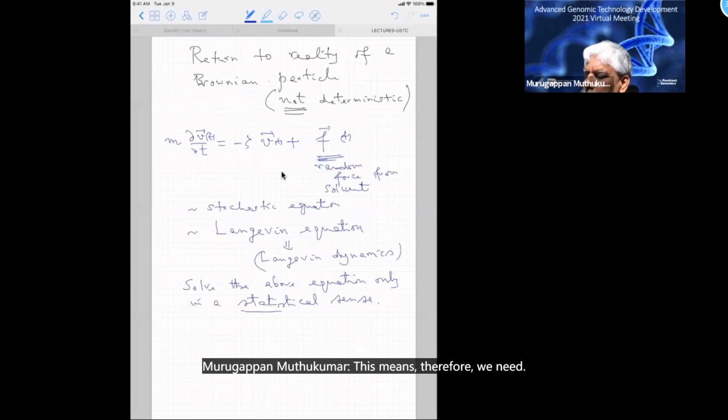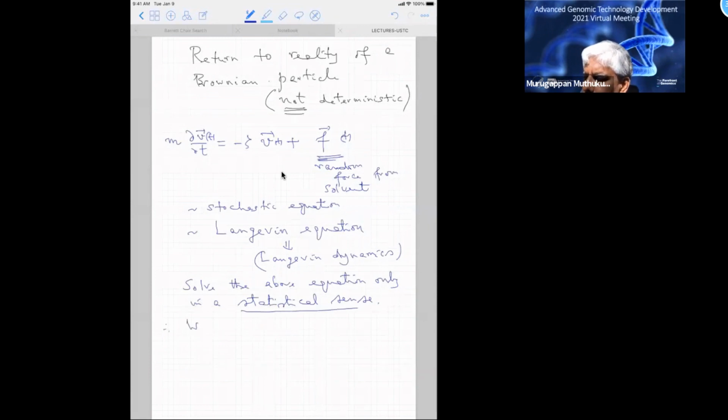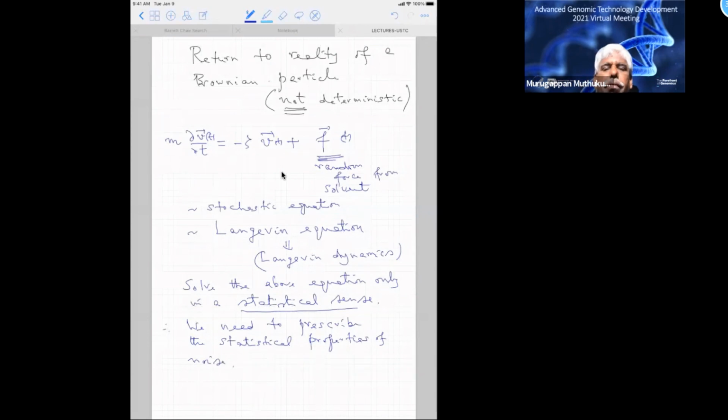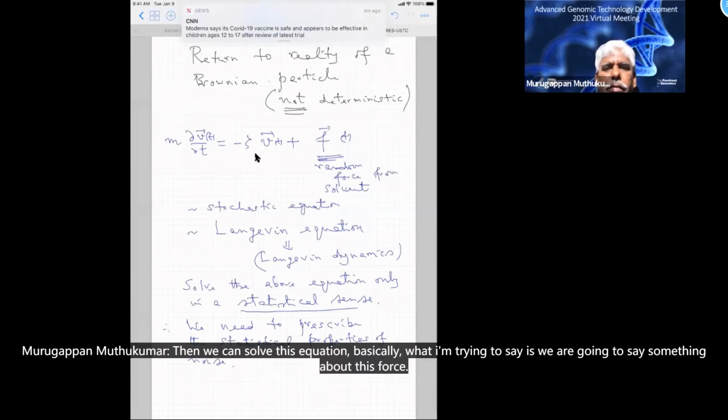This means, therefore, we need to prescribe the statistical properties of the noise or random force. We need to prescribe that, and that is going to be our input. If we make that input, then we can solve this equation.